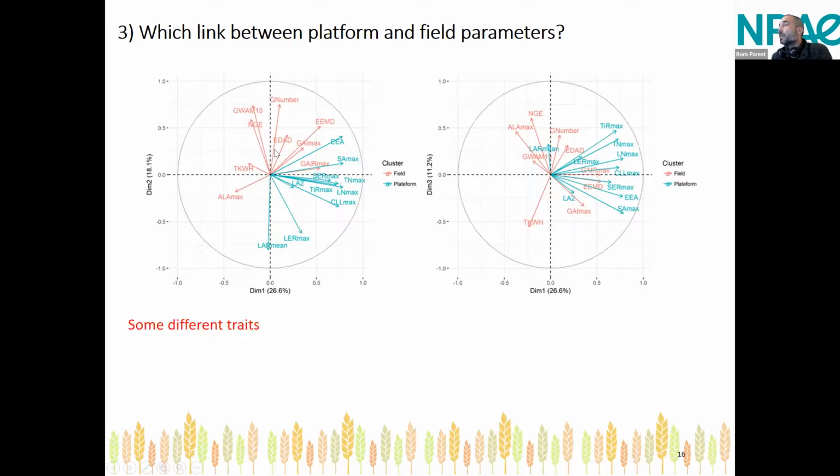First, what we can say is that a platform is different from a field, and traits are different.